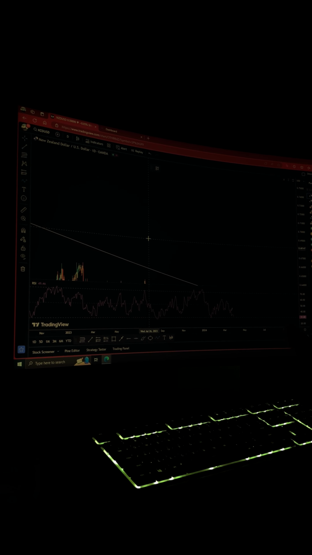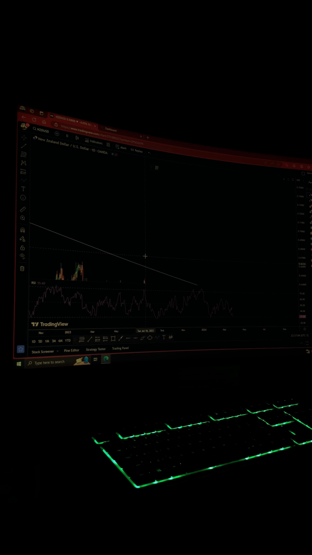And there's always market structure going up, which is creating what we call higher highs and higher lows, and that's for up. So it would be a higher high, and then a higher low, and then a higher high, and then a higher low, and it just keeps going like that.